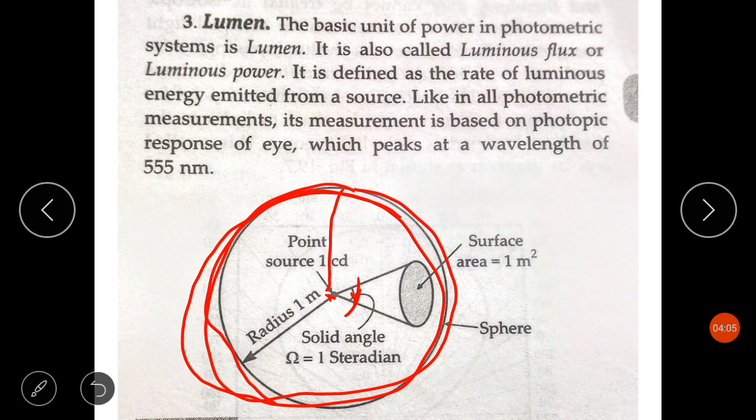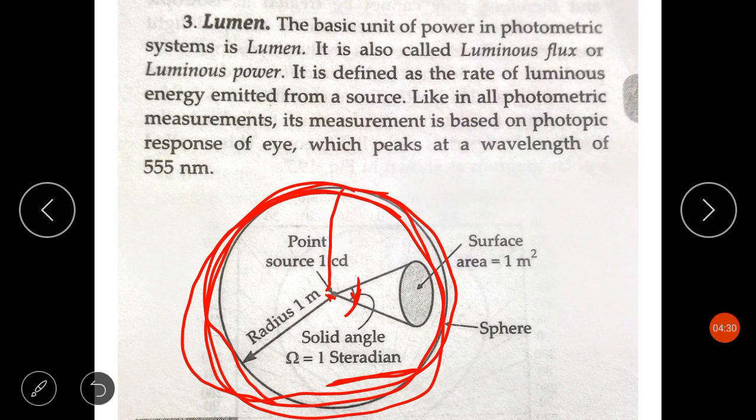What is steradian? As you know, in measuring plane angle we use the unit radian. In the same way, steradian is the unit for measuring solid angle. Since this is a sphere, obviously the angle will be solid.